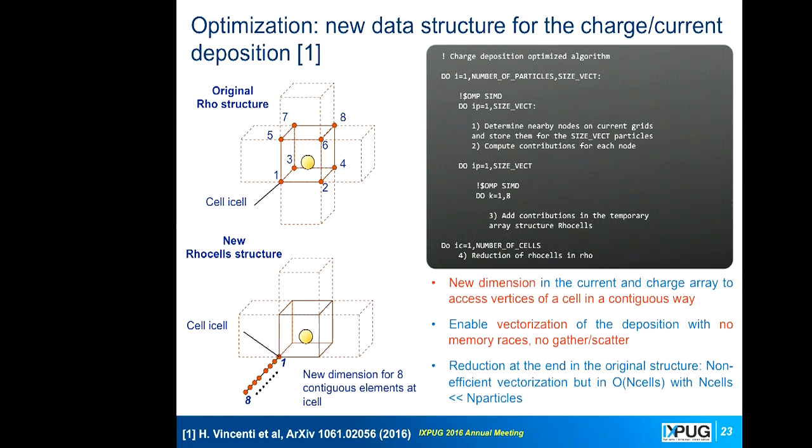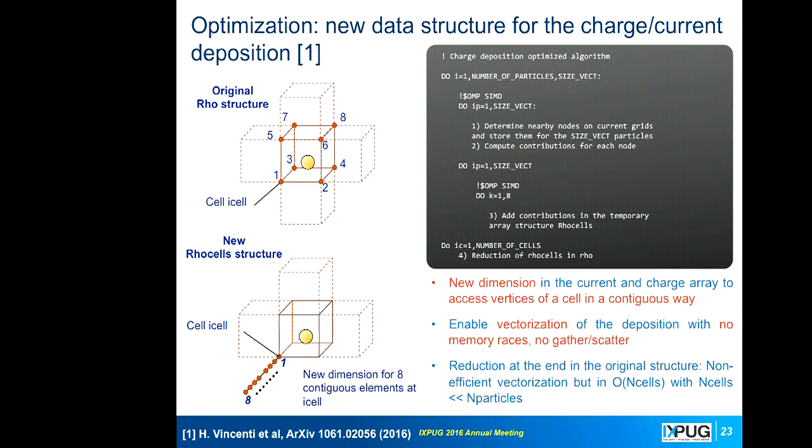So we keep the first and the second step as they were before, but for the vectorization, we do not apply it on the particle loop, but we directly apply it on the deposition process. So each particle will deposit in a vectorized way its charge or its current on the 8 vertices.